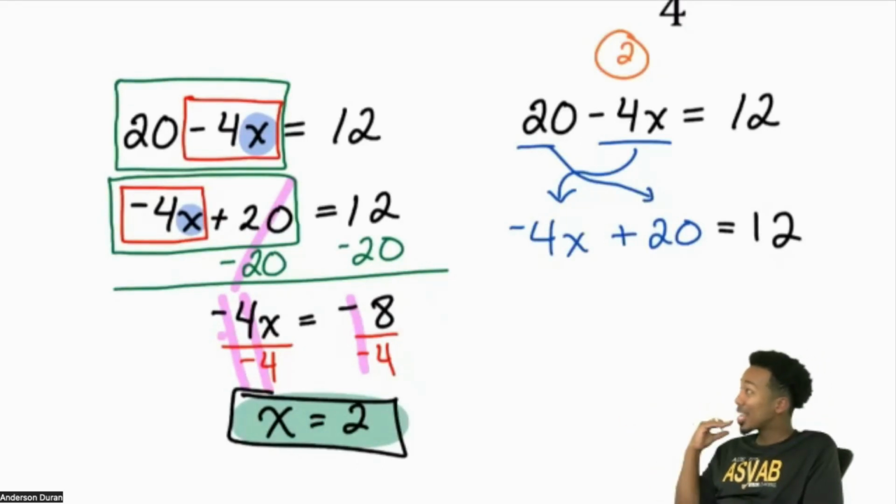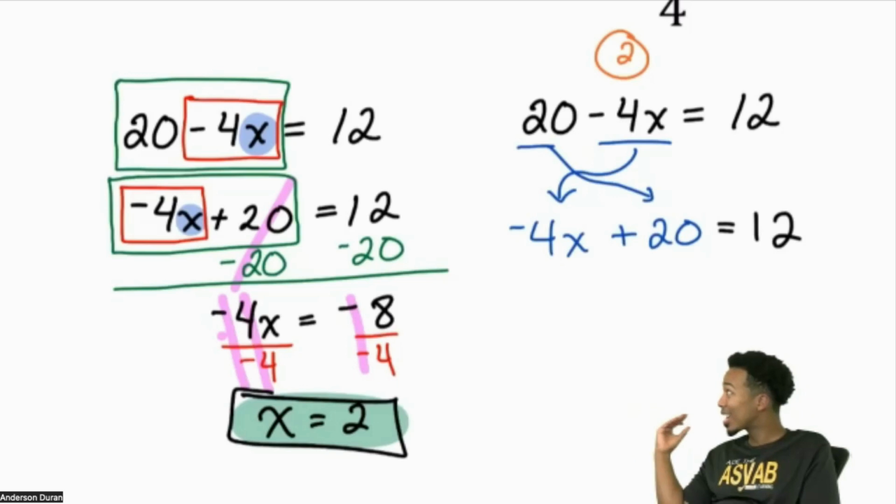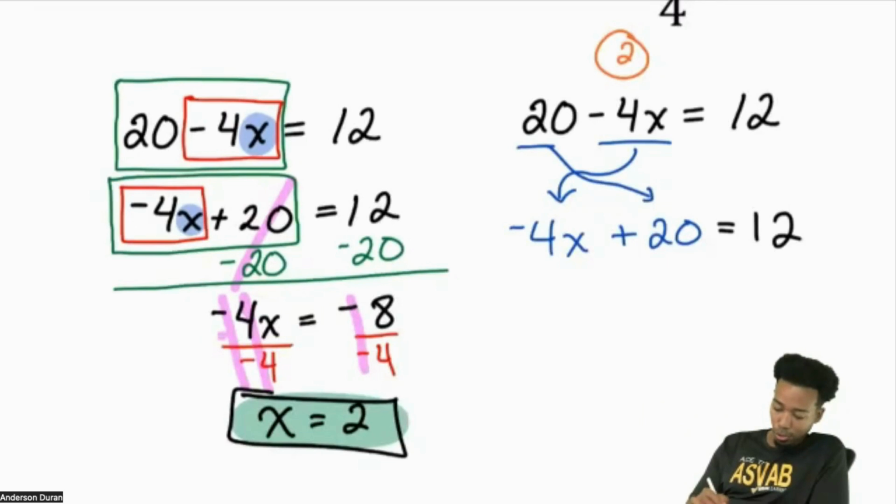Is it true that at some point you're going to have to get rid of that negative on the x? Okay, it's true. We proved it. Like we know that at some point, and if we're looking at the solution that we just did, yeah, we are going to have to get rid of that negative on the x.